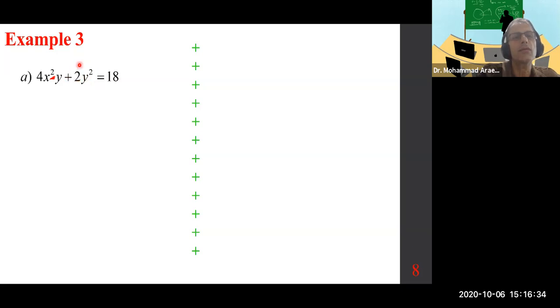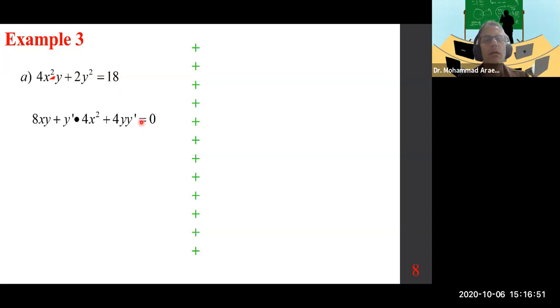What is the derivative of 2y squared? 4y y prime, or dy dx. And this is a number. It doesn't matter what type of number and how big or small, the answer is 0. Again, done with calculus. So what are you going to do?